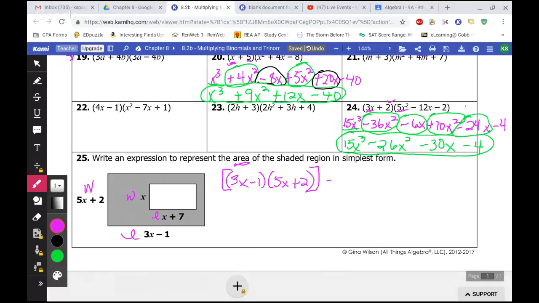And then I'm going to subtract this little area here, which is x times x plus 7. So now I'm going to FOIL here. 3x times 5x is 15x squared.